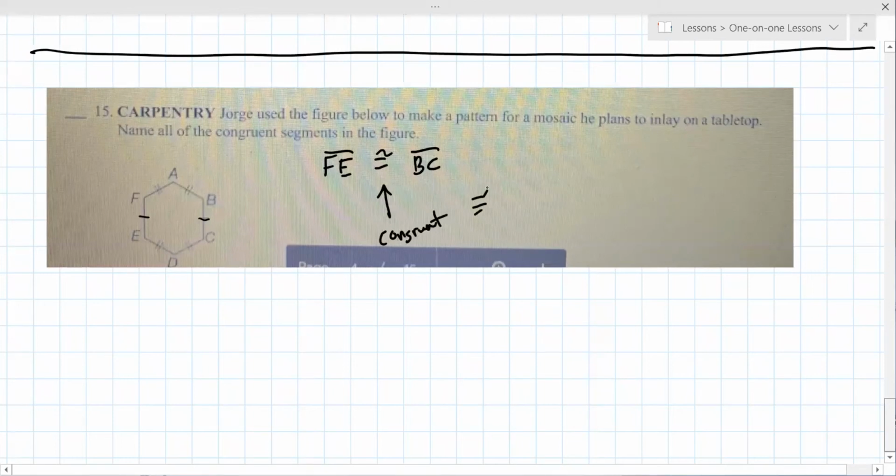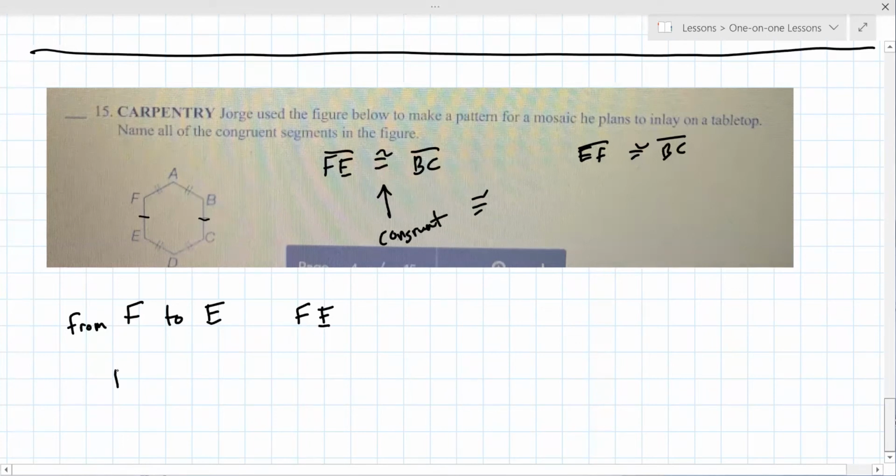Now it does not matter. I could have said E to F is congruent to B to C. The order of the letters in the pairs doesn't matter. I could have said E to F is congruent to C to B. And you might be hearing me say F to E. I know in the class they'll just say FE, but I liken it to starting from someplace and going to another.